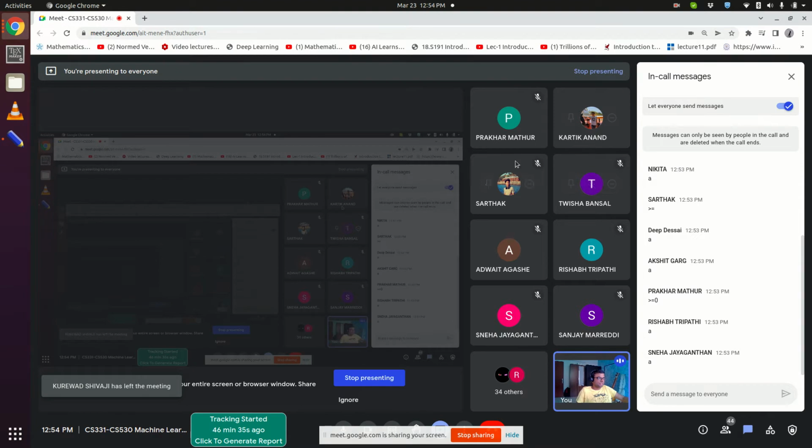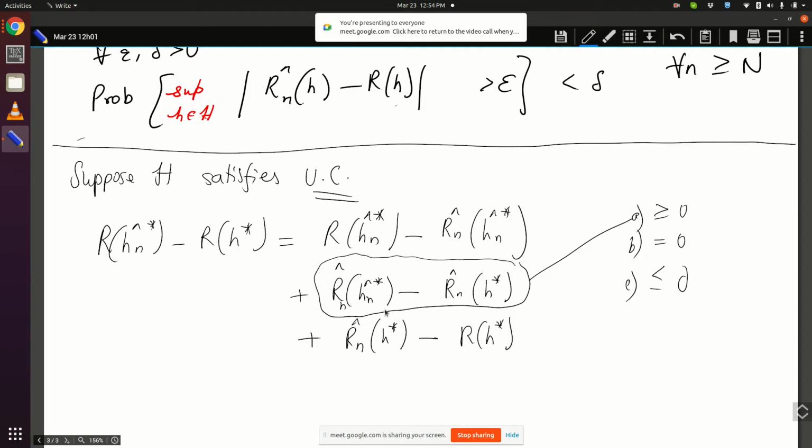Like in this term, on the right hand side, the risk is the empirical risk of our optimal hypothesis. Okay, so how was Hn hat star chosen? What is this equal to?